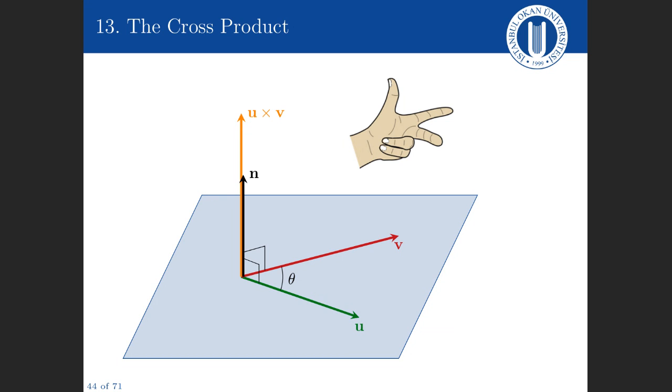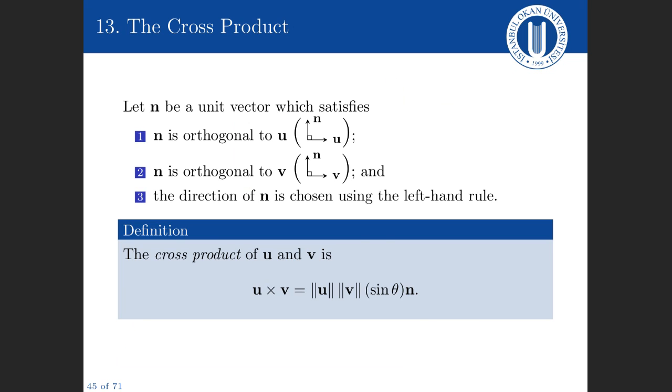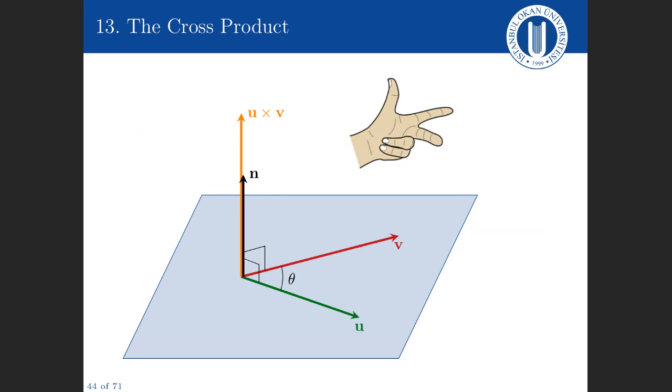Let's suppose we have two vectors, u and v. And let's suppose we're using our left hand to describe the position of these vectors. Let's suppose we use our second finger to describe the direction of the vector u.